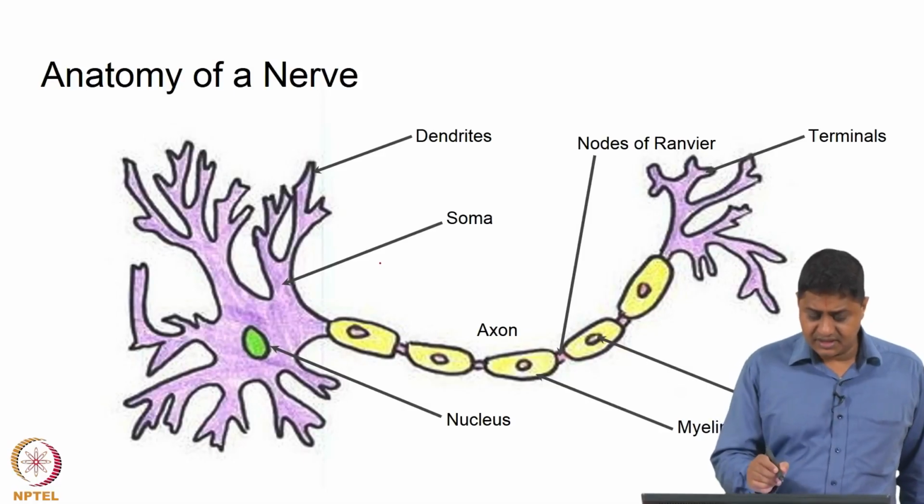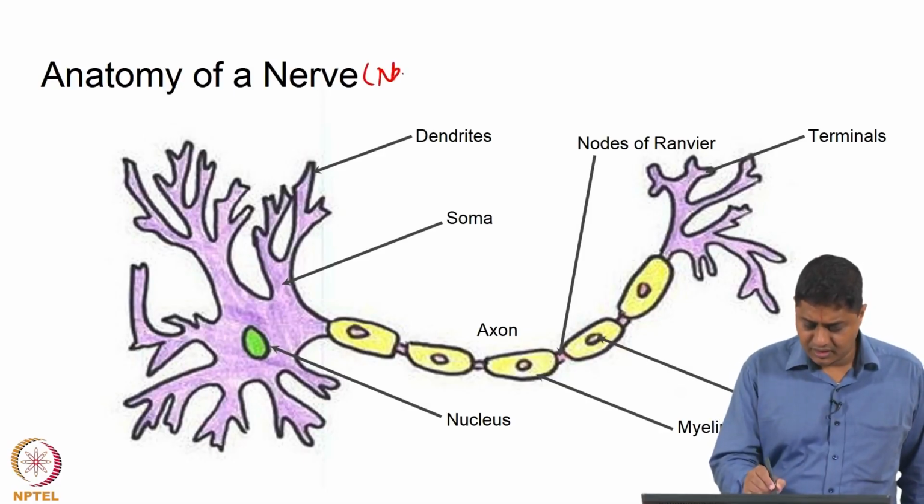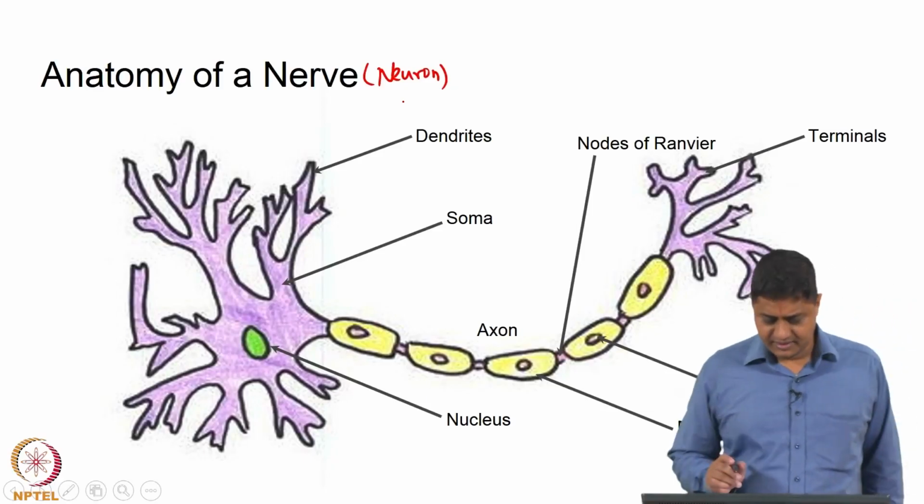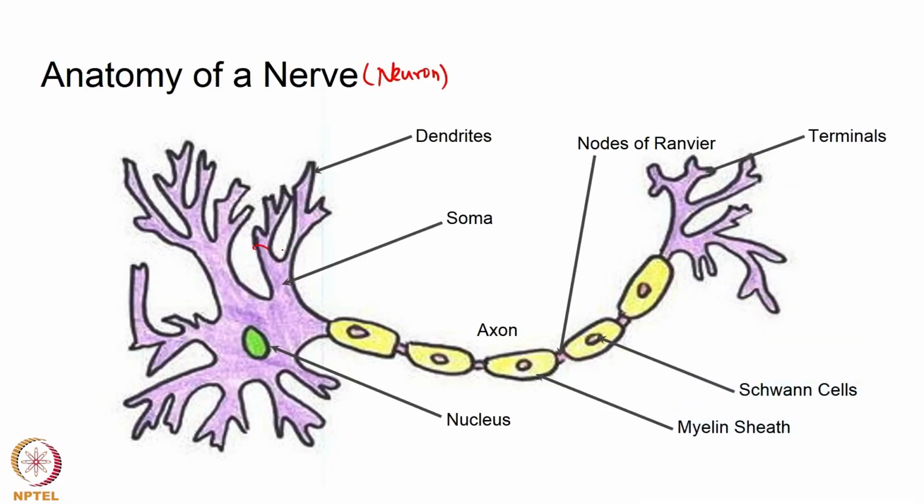So, here is a neuron and its input and output structures with some detail. Here are dendrites, which are major input structures to the neuron, and here is the axon. This is the axon, which is a long cable-like output structure of the neuron, and this terminates in the axonal terminals or axon terminals.